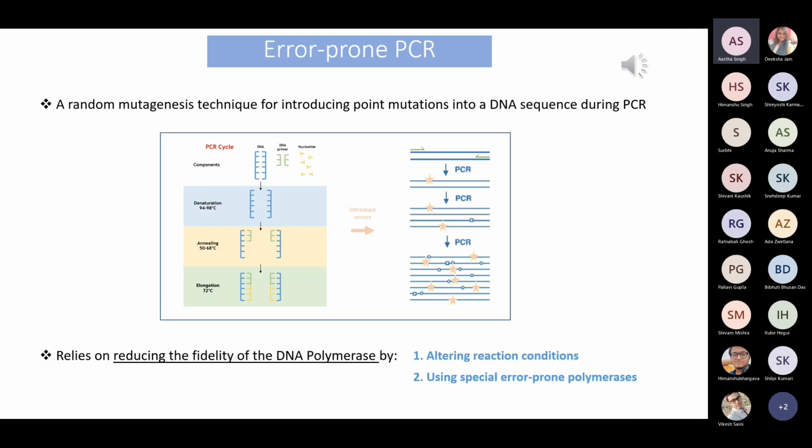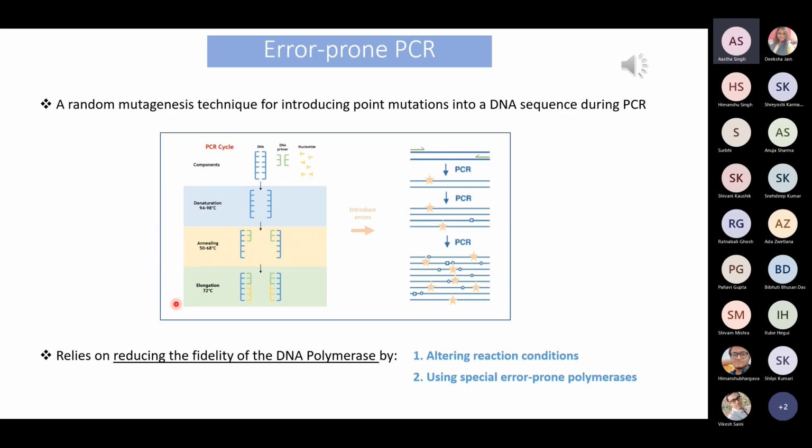Polymerase chain reaction is a method of amplifying DNA sequences in vitro. The reaction basically starts with a mix containing our template DNA, specific primers, dNTPs, and a thermostable DNA polymerase enzyme. With sequential cycles of denaturation, annealing, and elongation, we achieve multiple copies of our initial template DNA.